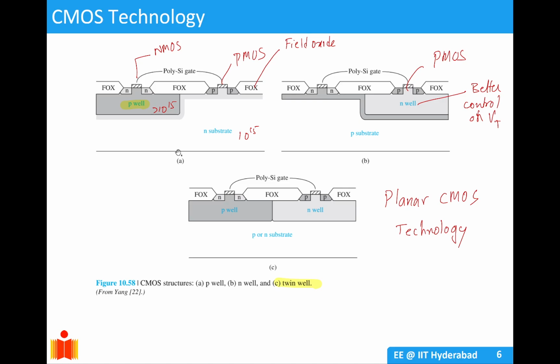So these are different types of CMOS technologies that are employed in the fabrication of our MOSFETs.